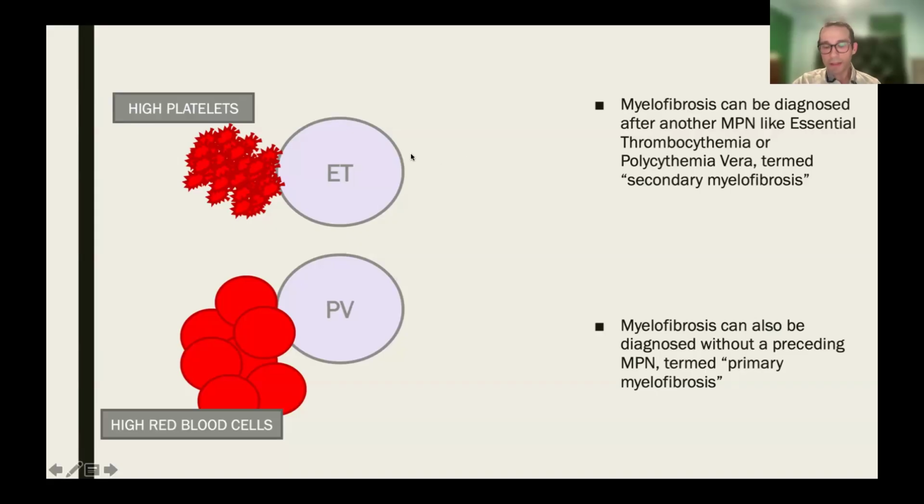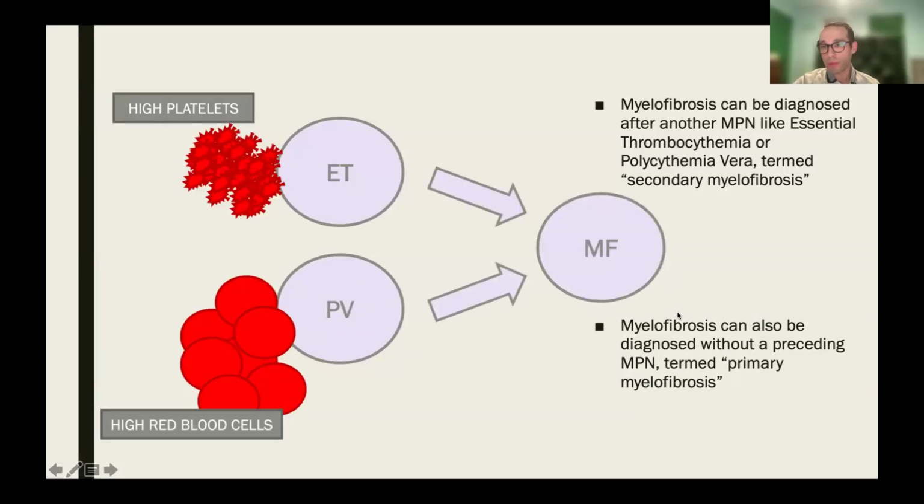ET, or essential thrombocythemia, is characterized by a high platelet count. Polycythemia vera, or PV, is typically characterized by a high red blood cell count, but frequently a high platelet count and also a high white blood cell count, depending on the specific case of PV. Both of these less aggressive MPNs can turn into myelofibrosis, or MF, over time. We call that secondary MF.